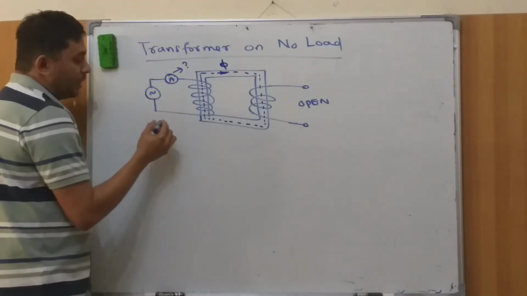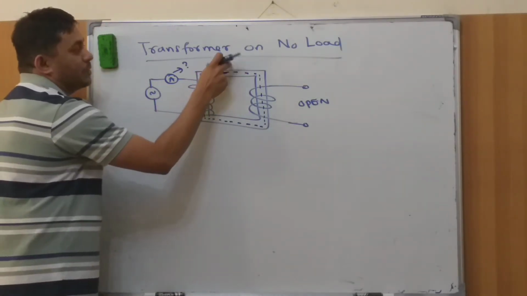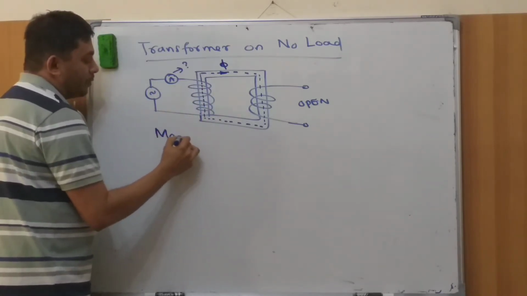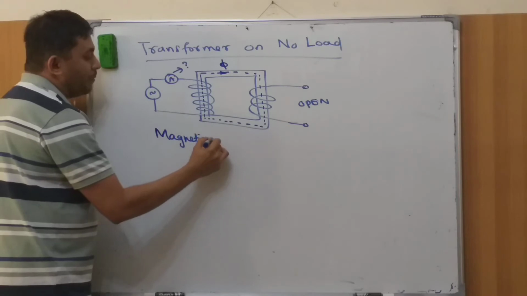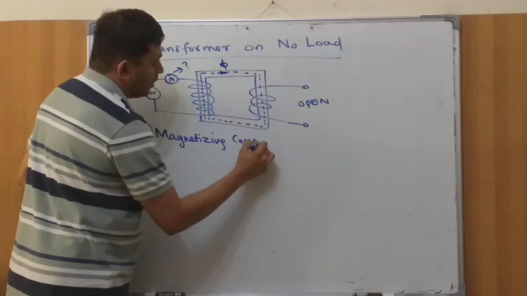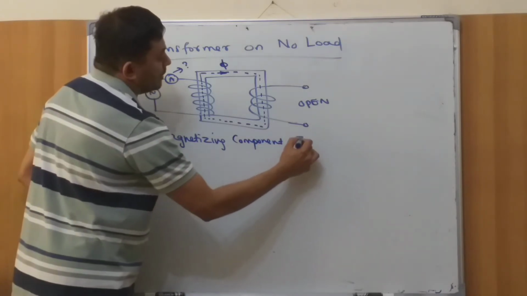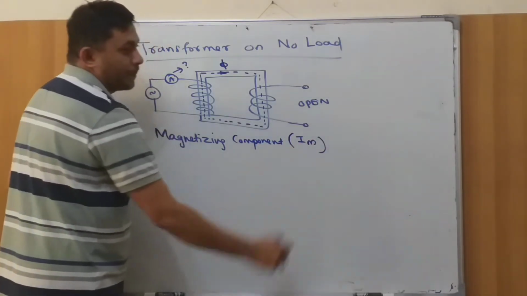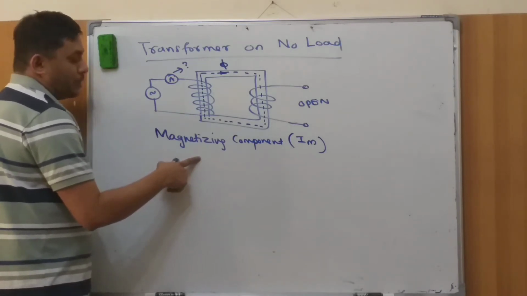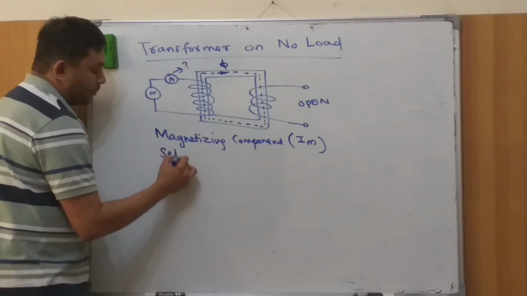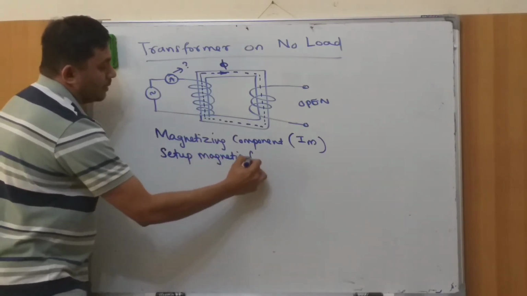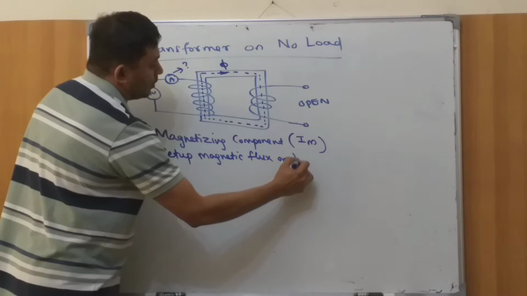The current which corresponds to setting up flux in the core is normally called the magnetizing component. So one part of the input current is nothing but the magnetizing component, and normally it is indicated by IM. So this part of the current is responsible to set up the magnetic flux on the core.